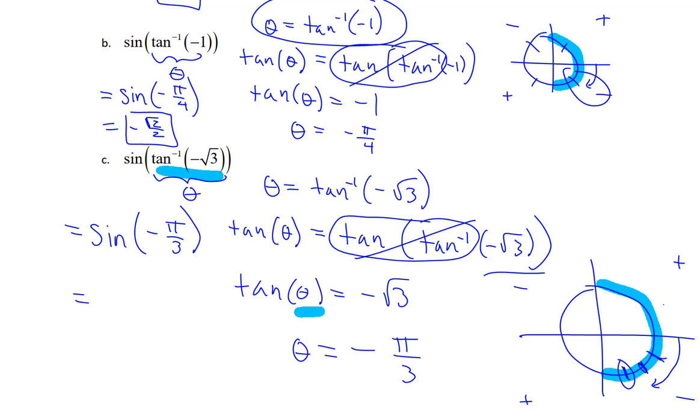So what is the sine value there? Well, it's in quadrant 4, so sine is negative. It would be negative root 3 over 2. Again, just going back to our unit circle values, confirming that to be what sine of negative pi over 3 is. So put it all together and we've evaluated our expression.